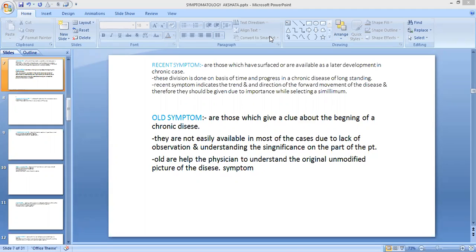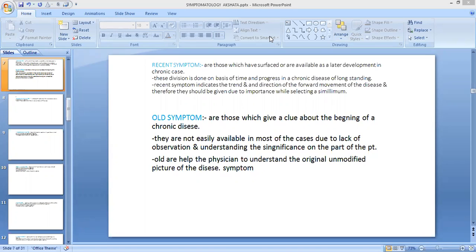Many times there may also be lack of observation, and in a chronic condition the disease is prolonged.